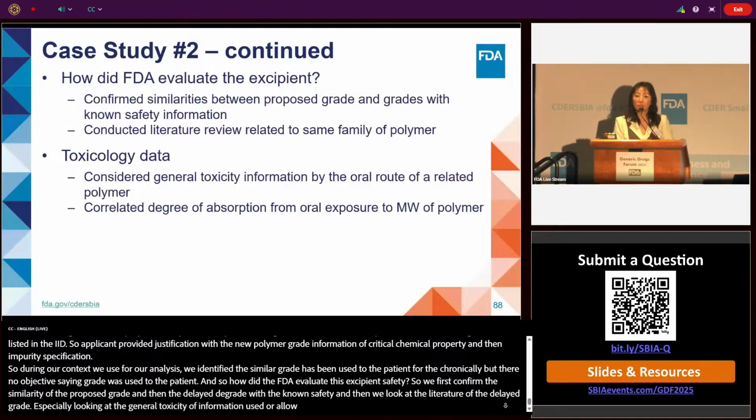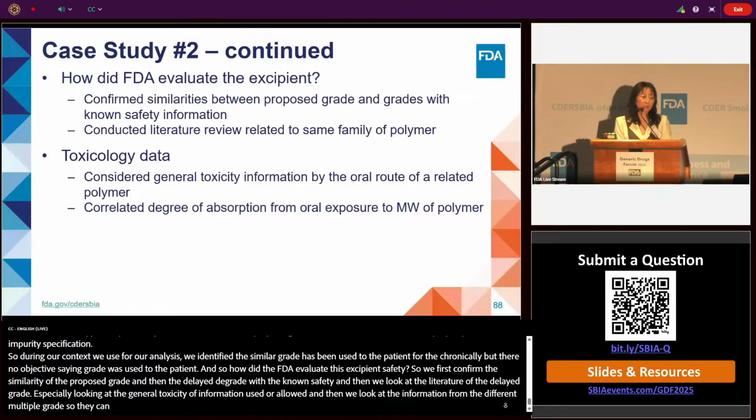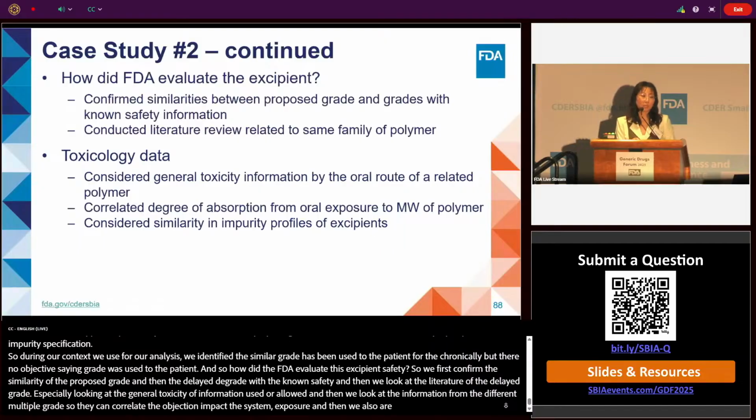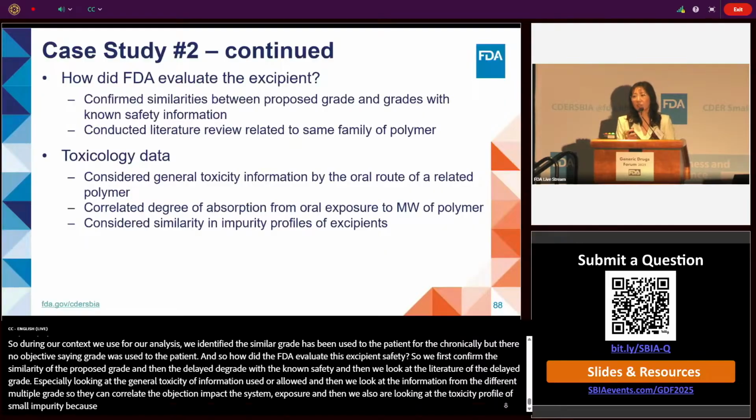Then we looked at absorption information from the multiple different grades so that we can correlate the absorption impact on the systemic exposure level. We also looked at the toxicity profile of the small impurities, because the degradant of the large polymer is often more toxic than the large polymer.